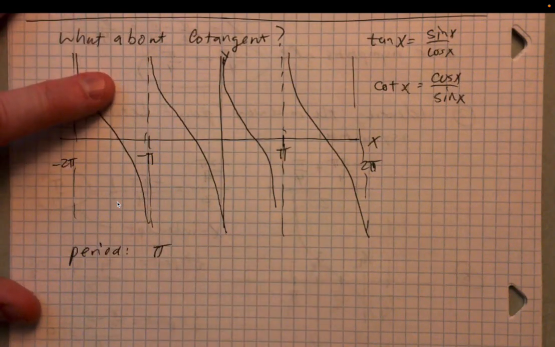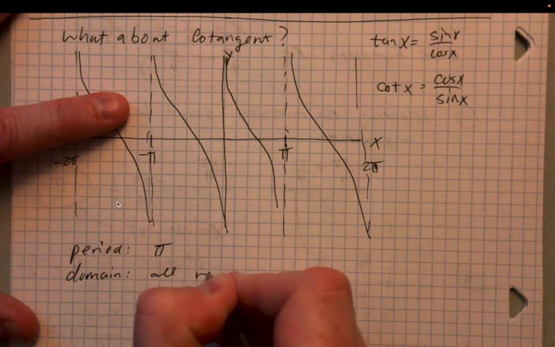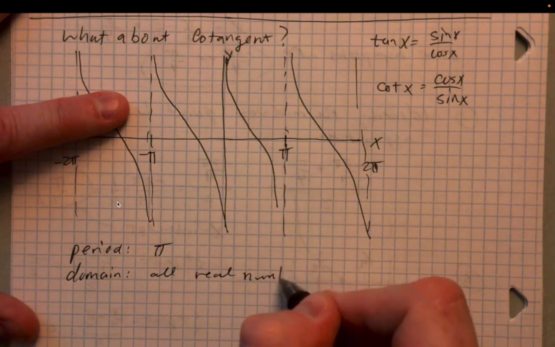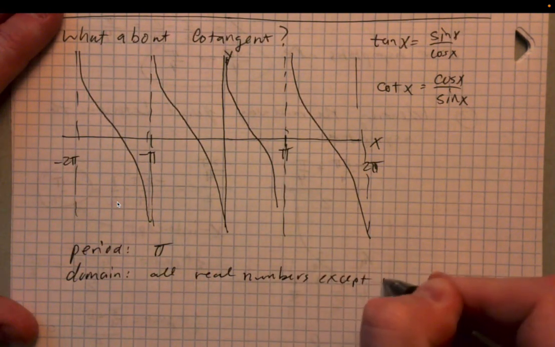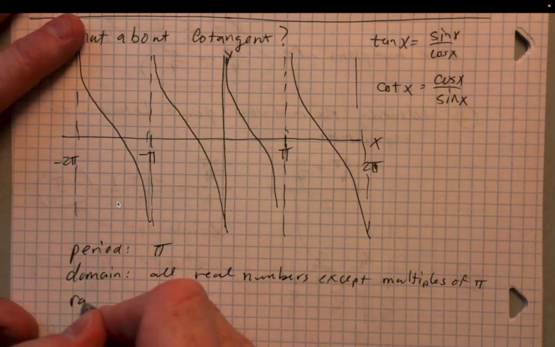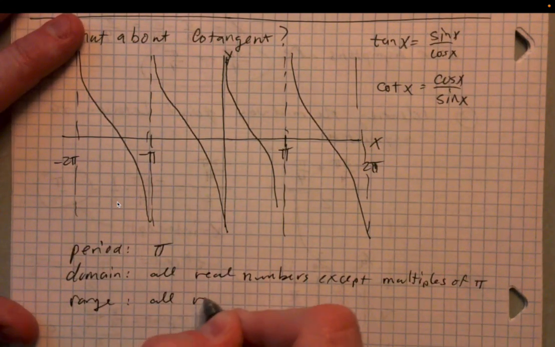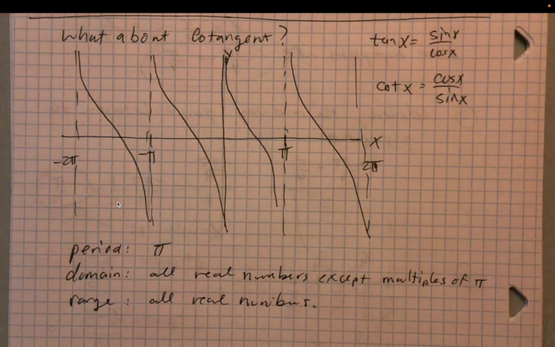It's pi. The domain is all real numbers, except for multiples of pi. Okay, the range, all real numbers. Right, so it looks a lot like the tangent function, just a little bit different. And the way we deal with it is the same as well. The way we actually plot it is very similar.